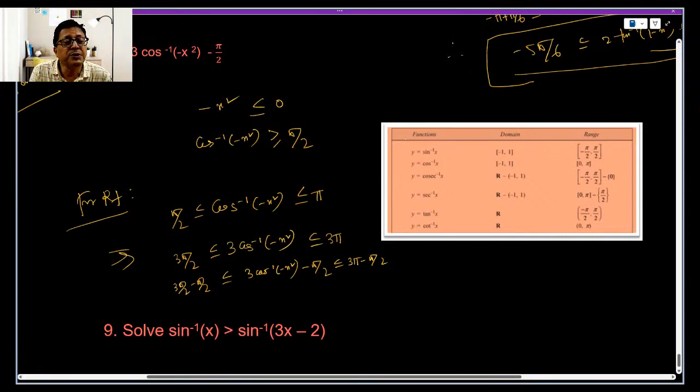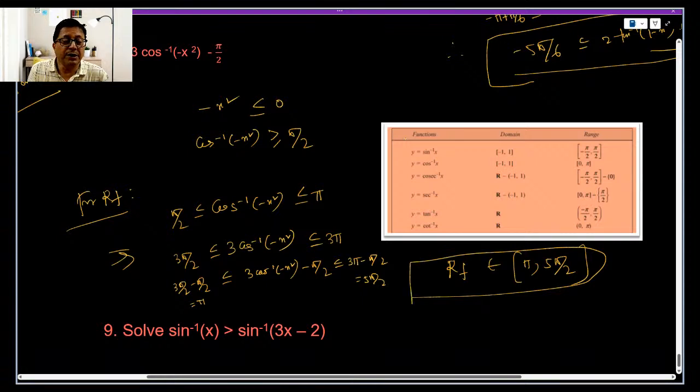So if you simplify, this one is coming to be equal to pi, and this one is going to be 5 pi by 2. So range of f will be pi to 5 pi by 2. Clear? You all understand? Go for next one.